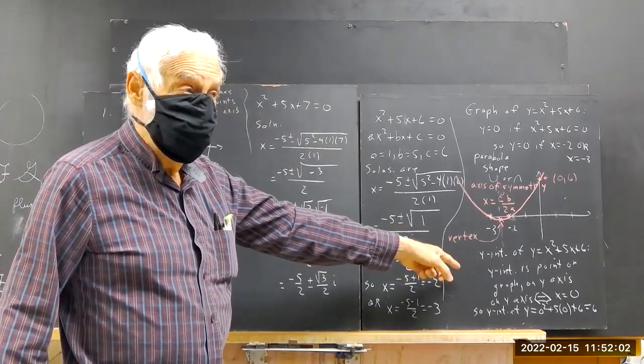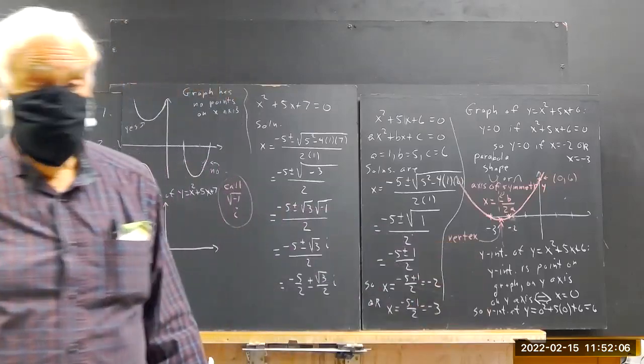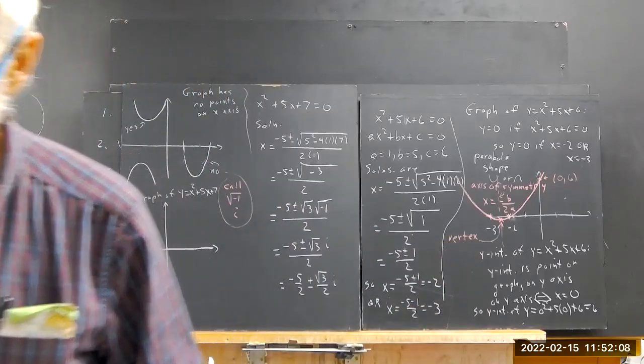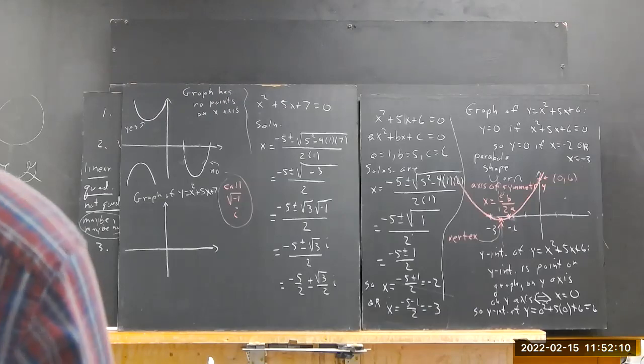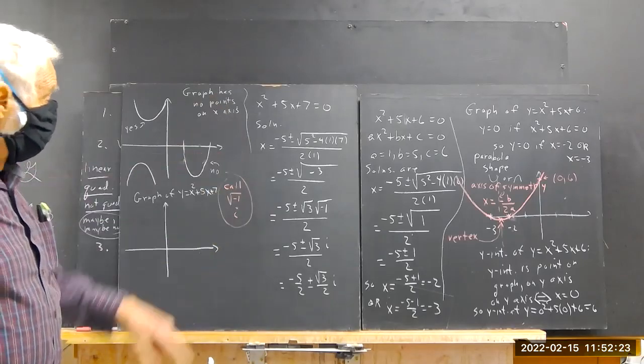It occurs when x equals 0, right? Something you've got to really understand, because it's always important to find the y-intercept of any graph. And you can always do that very easily by substituting x equals 0 in the equation. Okay? You can also find the x-intercepts by substituting y equals 0.